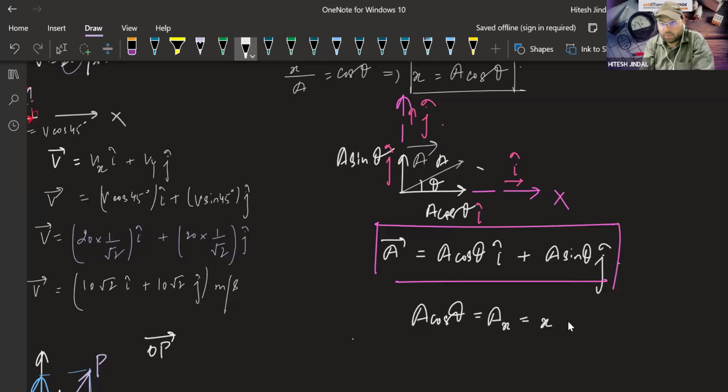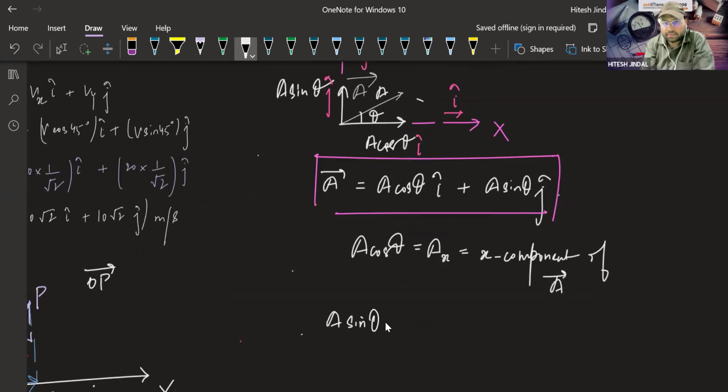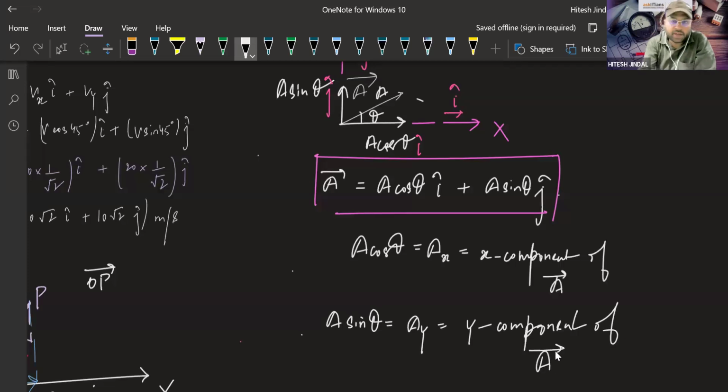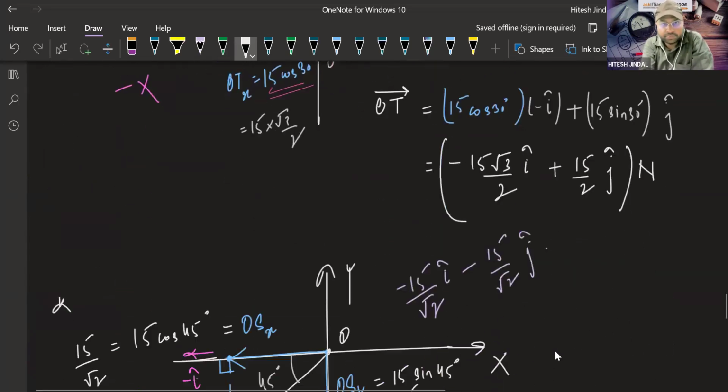Ax means the x component. And A sin theta is Ay. So we did these kinds of numericals in the last session also, right?